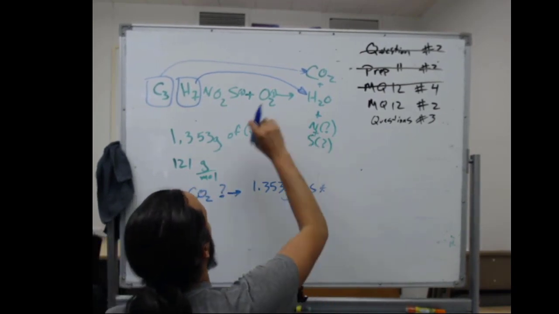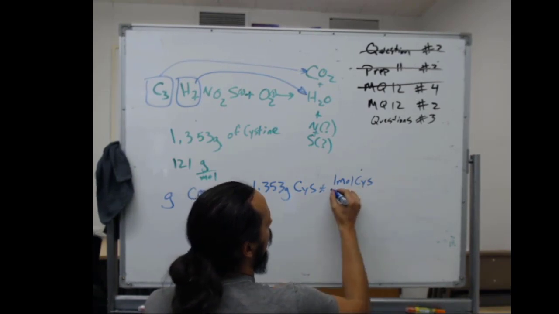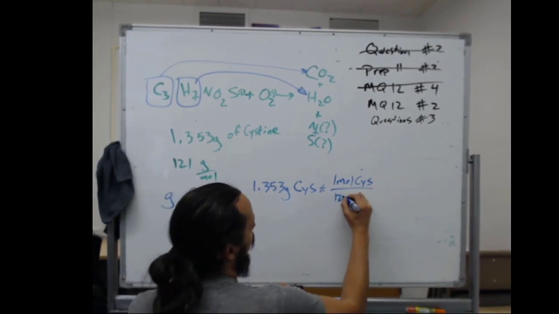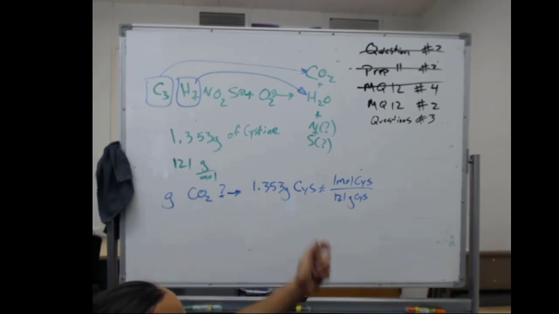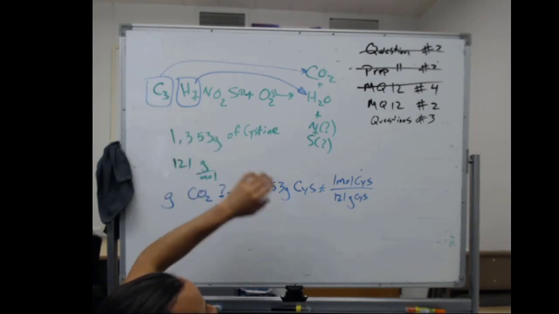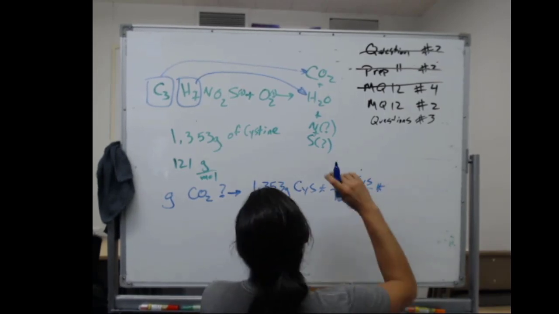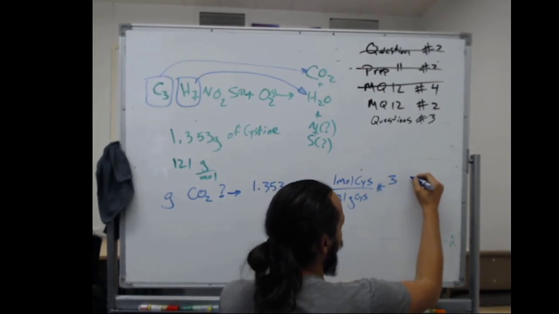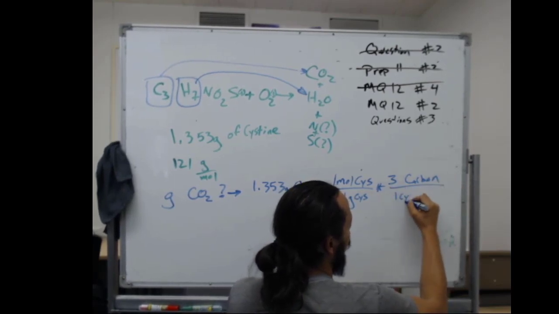I'm going to times 1 over the molecular weight. 1 mole of cysteine is 121 grams of cysteine. Notice this will cancel out my grams of cysteine and give me moles of cysteine. And then I can use the atomic ratio to figure out how many carbon atoms are in this compound. So I can use the idea that I've got 3 carbon for every 1 cysteine.